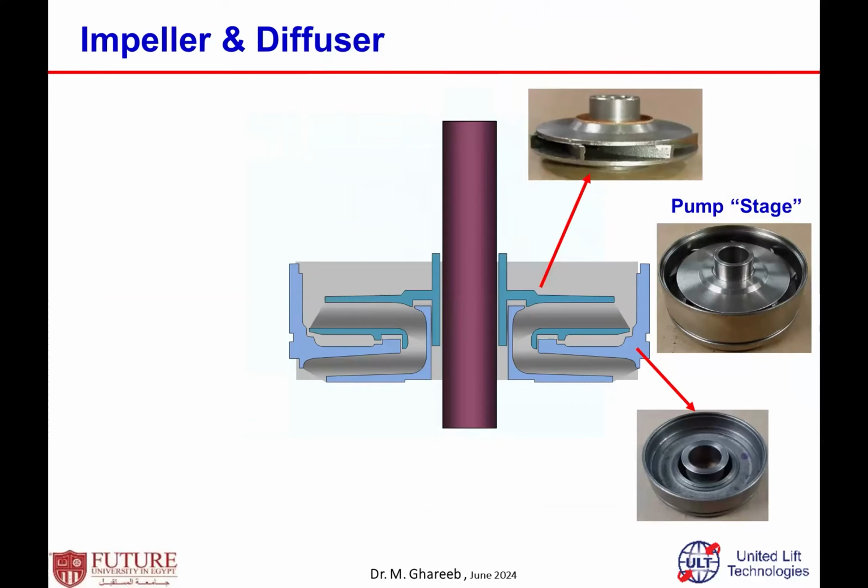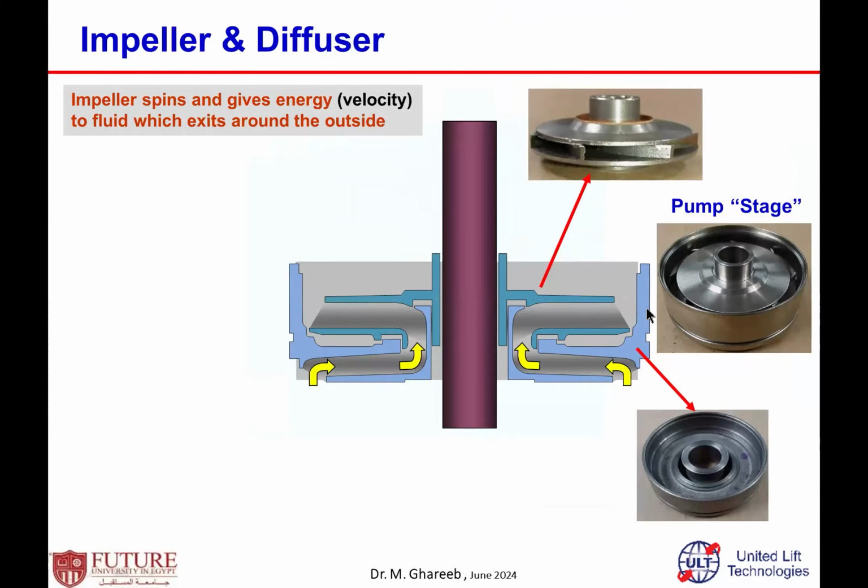One of them rotates, the impeller, the top one, and one is not rotated, the diffuser. This is just how it looks. The fluid enters from diffuser to impeller to diffuser to impeller, and so on, until it reaches the tubing.